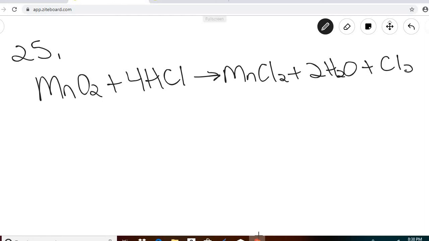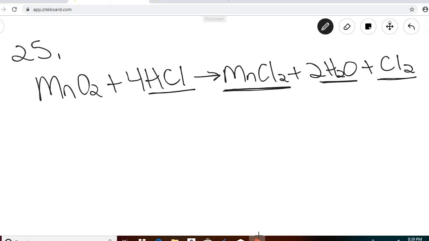Okay, and the question says, a chemist makes manganese chloride, making this with this chemical reaction. When their reaction is run, plenty of this is made. There is also water, chlorine gas, and HCl present.